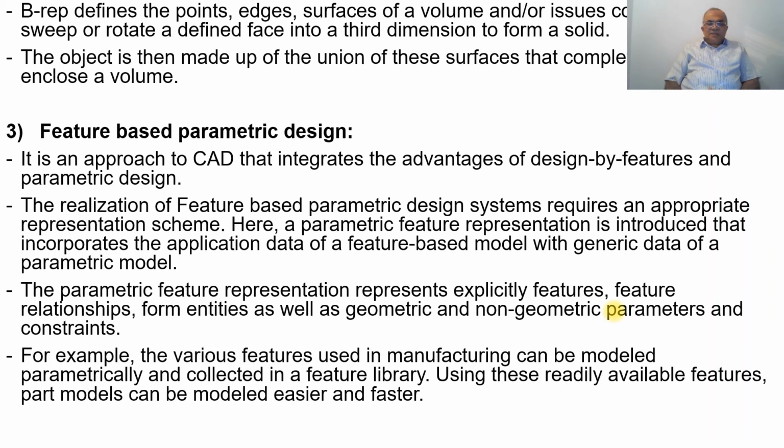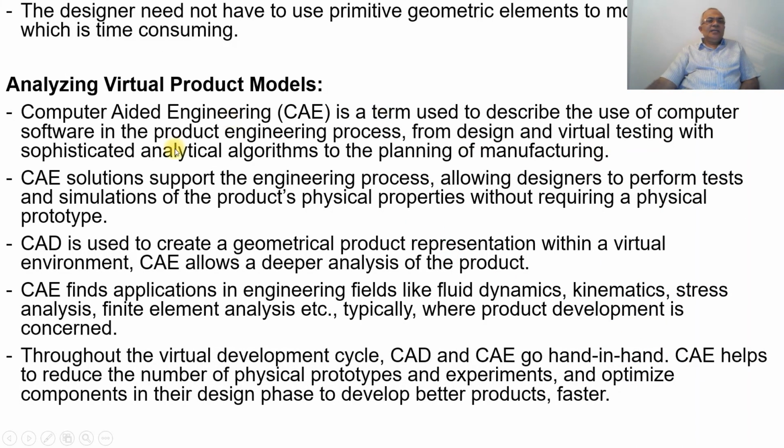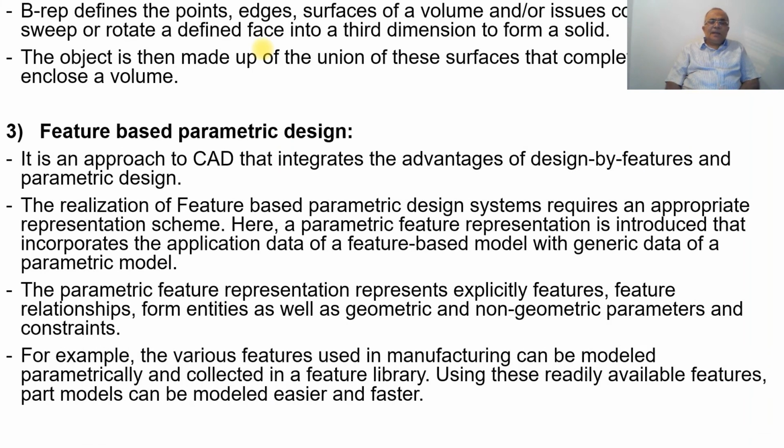The parametric feature representation explicitly represents feature relationships from entities, as well as geometric and non-geometric parameters and constraints. For example, the various features used in manufacturing can be modeled parametrically and collected in a feature library. Using these readily available features, part models can be modeled easier and faster. Then the designer need not use the primitive geometric elements of model features, which is time consuming. So these are the ways in which we can use feature-based parametric design.